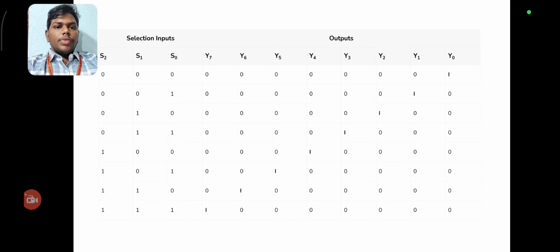If S2 is true, S1 is false, S0 is true, then Y5 is true and all others false. If S2 is true, S1 is true, S0 is false, then Y6 will be true and all others false. If S2, S1 and S0 are all true, then Y7 will be true and all others false. So this is the truth table of the 1 into 8 demultiplexer.